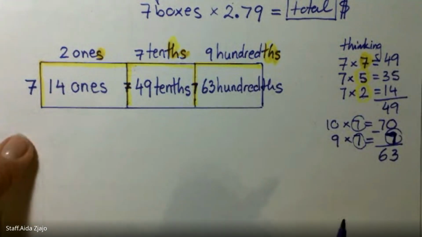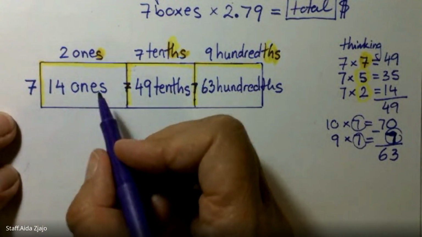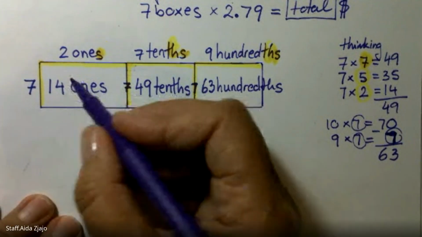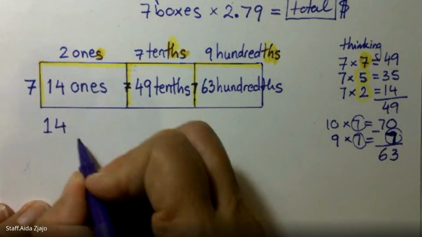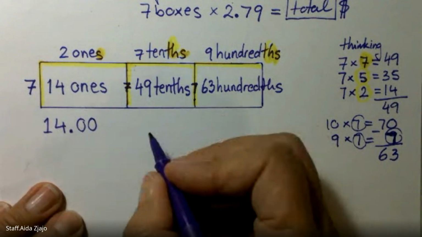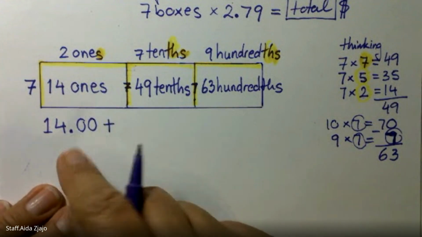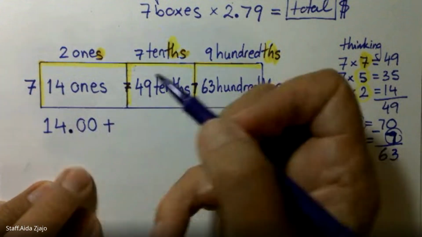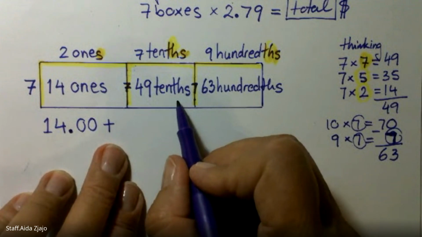Okay. Now, when you have your language, you need to change that into the standard format. So this is 14, and I'm going to use 14 wholes as 14.00. Now, 49 tenths.